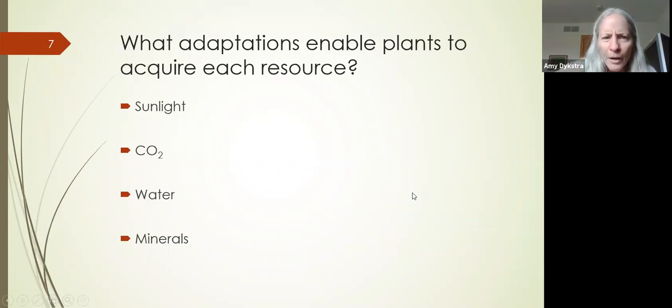So now let's think about some adaptations that enable plants to acquire each of these resources. So in your chat now, write down what kind of adaptations plants have to acquire sunlight, to acquire CO2, to get water, to get minerals.